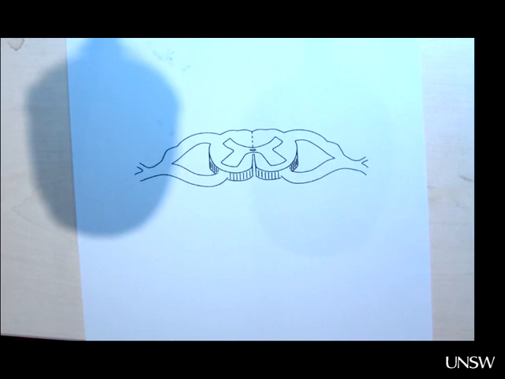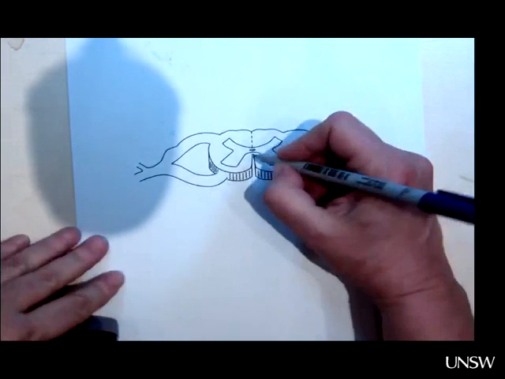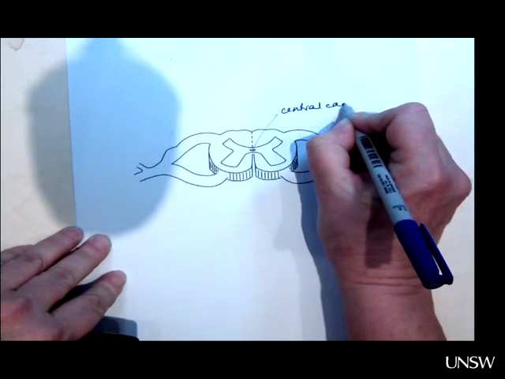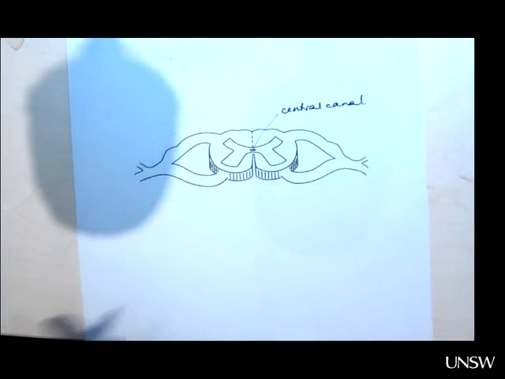Now we'll quickly remind ourselves about the structure of the spinal cord, and you'll remember that it's made up of grey matter in the centre and white matter. This is a cross-section, you've all seen this one before, but in the centre of the spinal cord we have the central canal, and the reason that's there is that the nervous system develops from a tubular cylindrical structure.